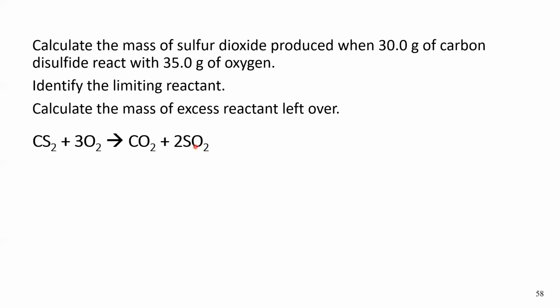From that information, you can figure out what's your limiting reactant. Is it the carbon disulfide or is it the oxygen? And then once you figure out which is the limiting reactant, use it to figure out how much excess reacts. And then you can figure out how much of that excess is left over. So you have 3 different stoichiometry problems you have to do in order to answer this question.